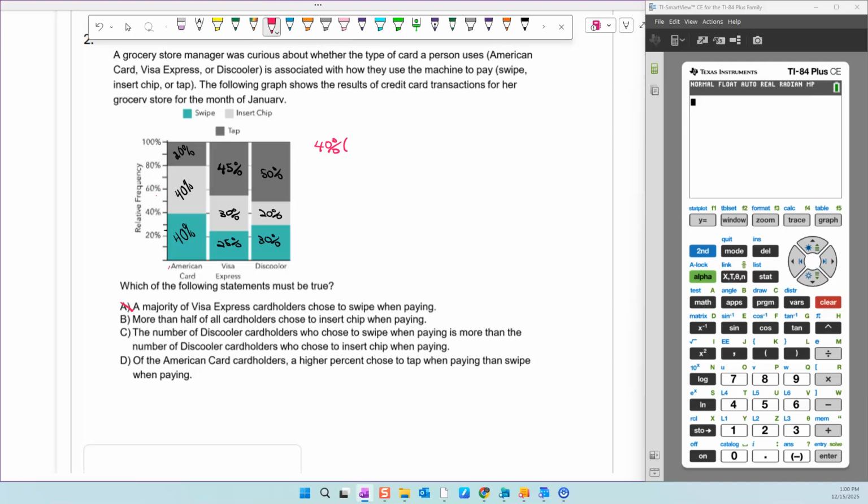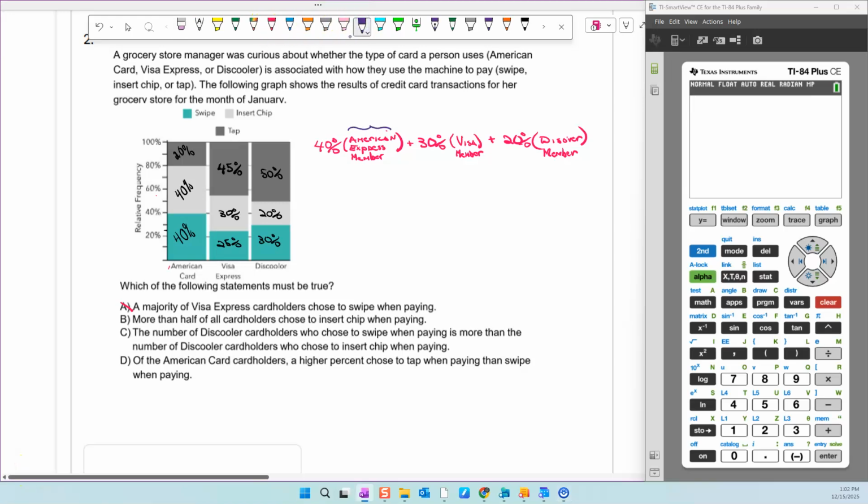You don't know the number of cardholders. So this value right here, we don't know what it is. And we don't know how many Visa members are in this column, and we don't know how many Discover Card members are in this column. This would give us the number of cardholders, but we don't know what these are. So there'd be no way to figure out if this is more than half.